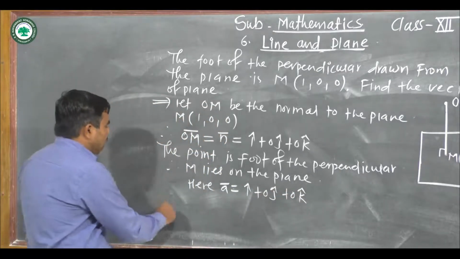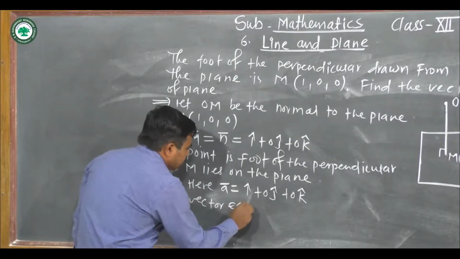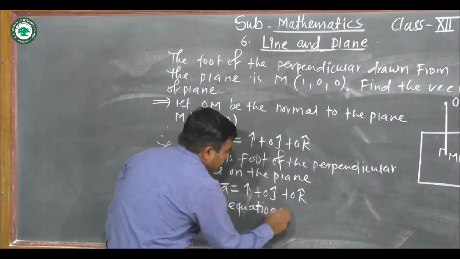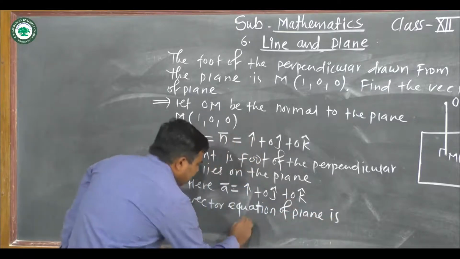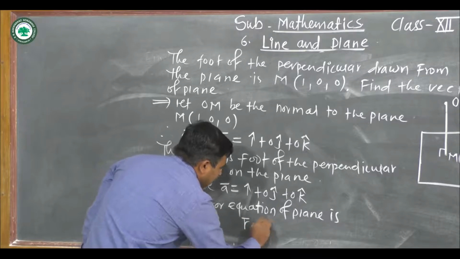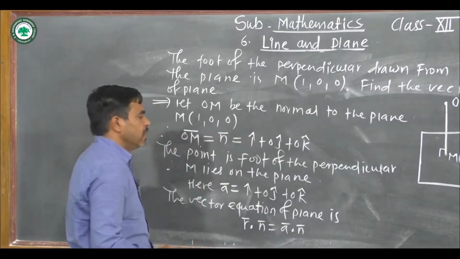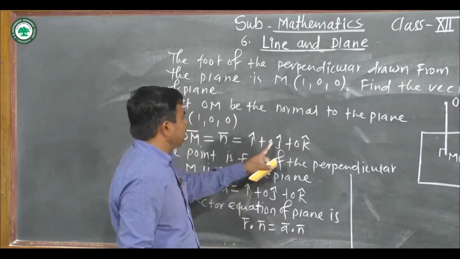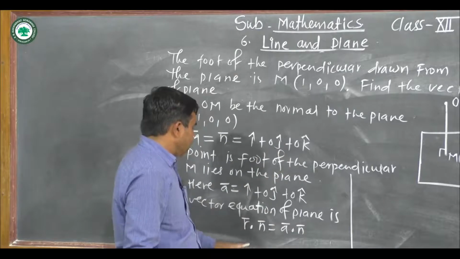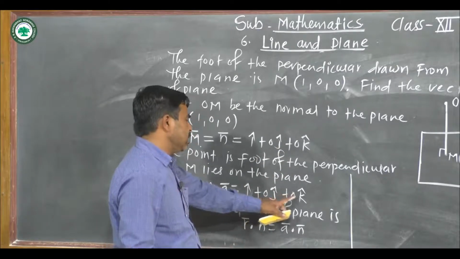So the vector equation of plane is, you know that it is R bar dot N bar is equal to A bar dot N bar. That is, N bar is here I cap plus 0 J cap plus 0 K cap, and A bar is also I cap plus 0 J cap plus 0 K cap.